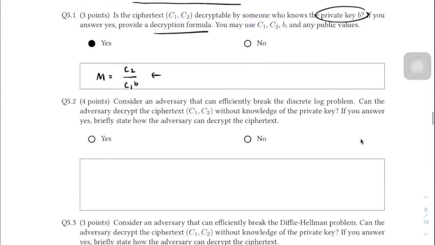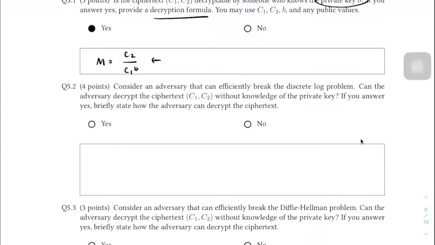Okay. Now consider an adversary who can efficiently break the discrete log problem. If that's true, can the adversary decrypt C1 and C2 without knowing the private key? The discrete log problem is what stopped us from essentially taking the log of G to the R mod P to get this R value.